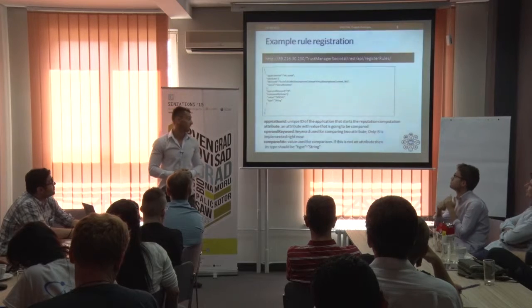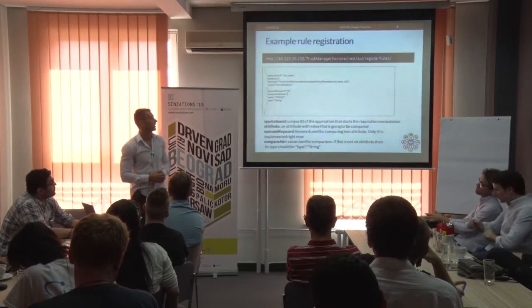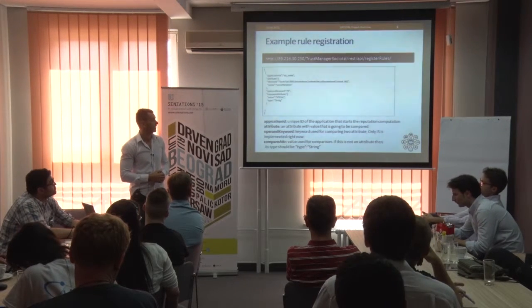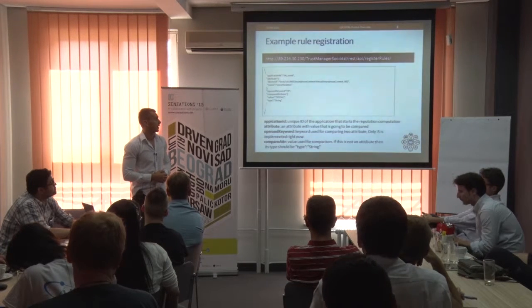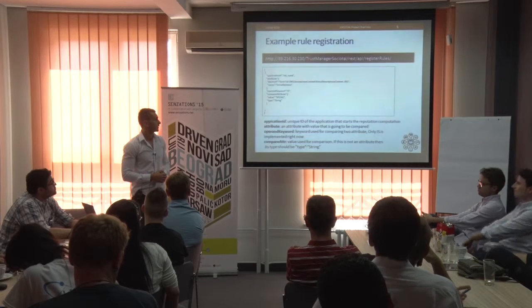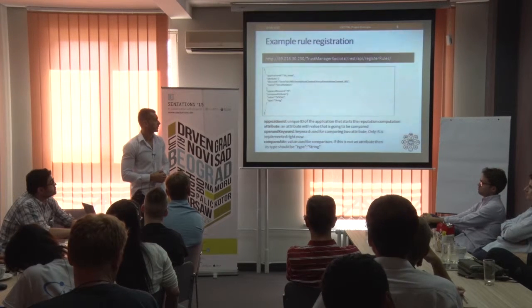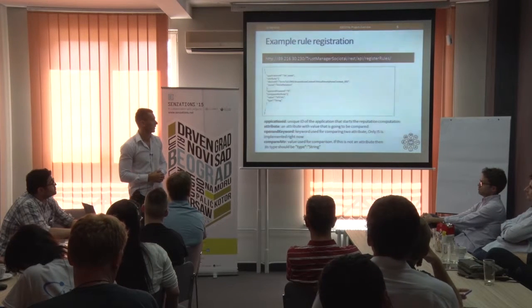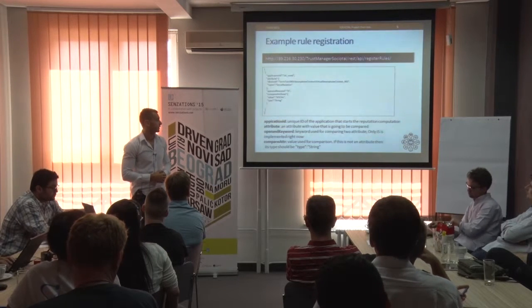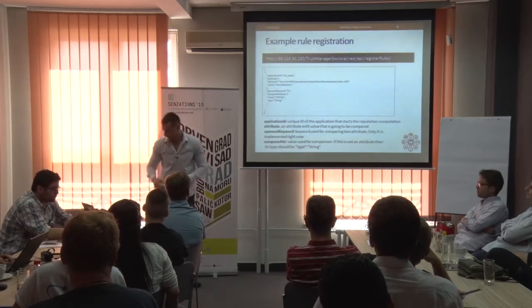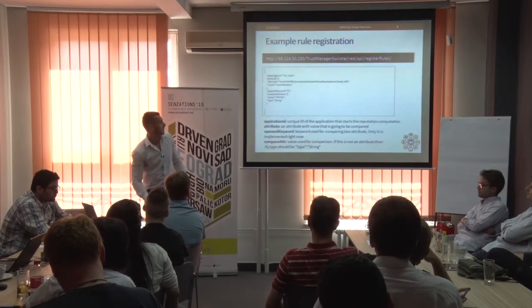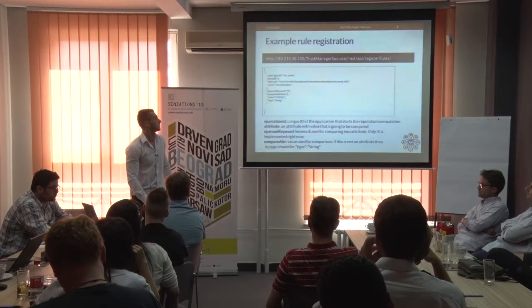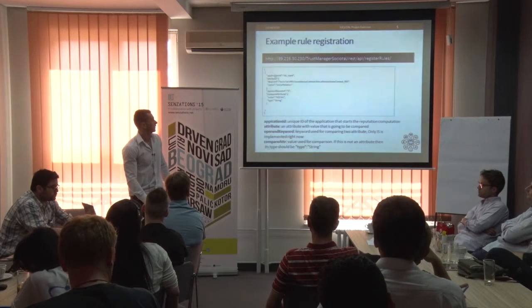I will be quick with this. The first thing that you need to do is to register rules. Rules are a JSON payload that you send to our endpoint, and you have different entities like application ID and attributes.